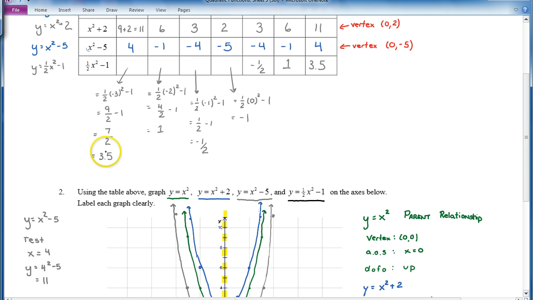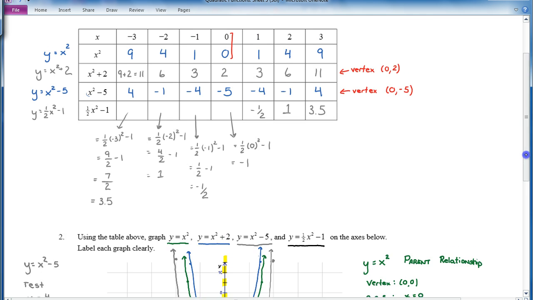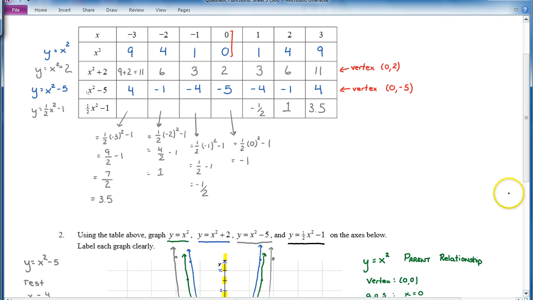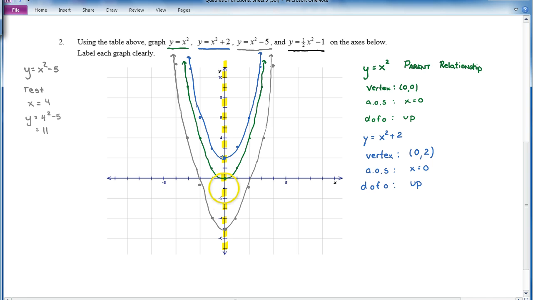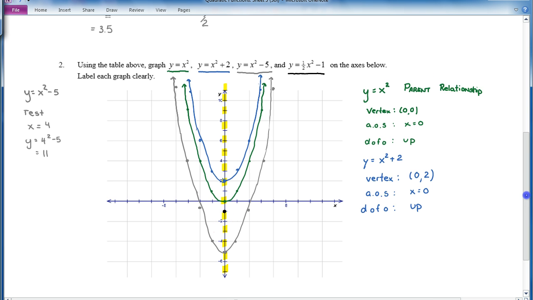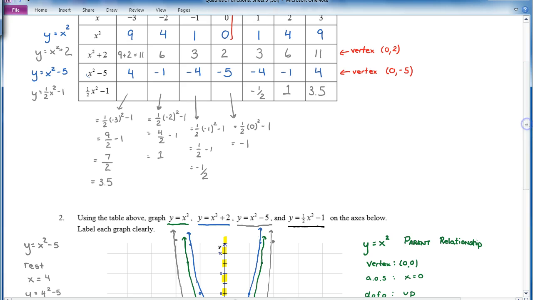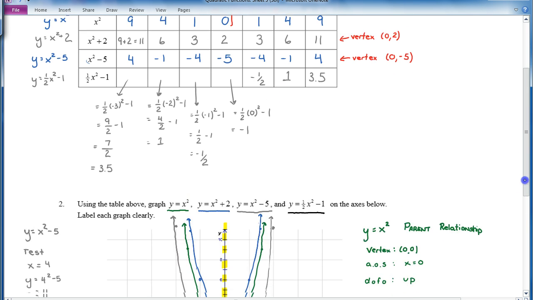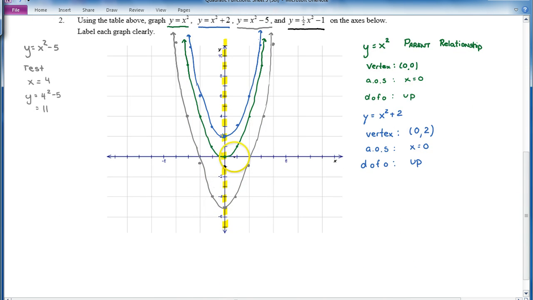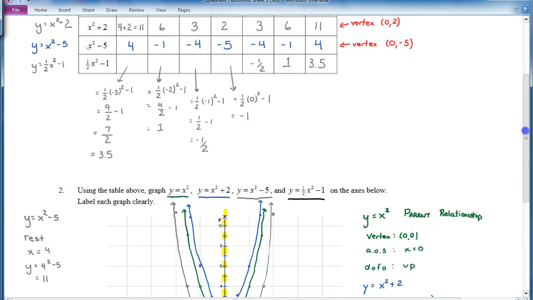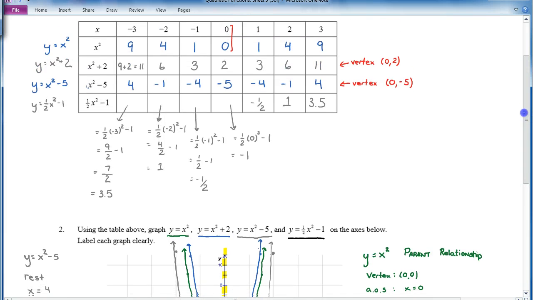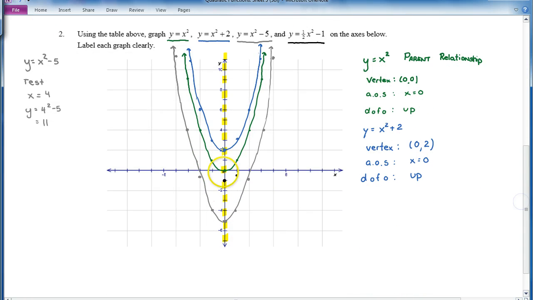So we see we have 0, negative 1, 1, negative a half, 2, 1, 3, 3.5, which is somewhere right there.